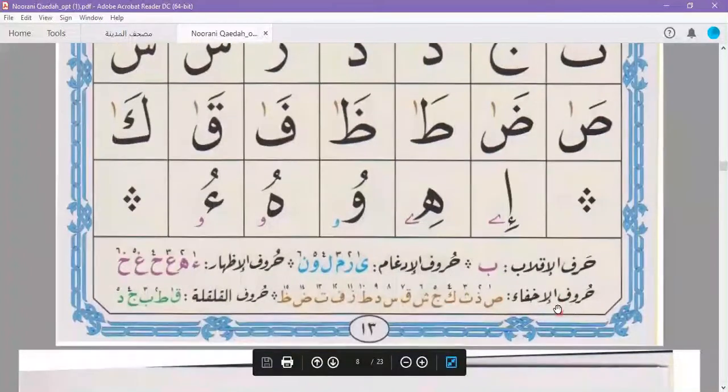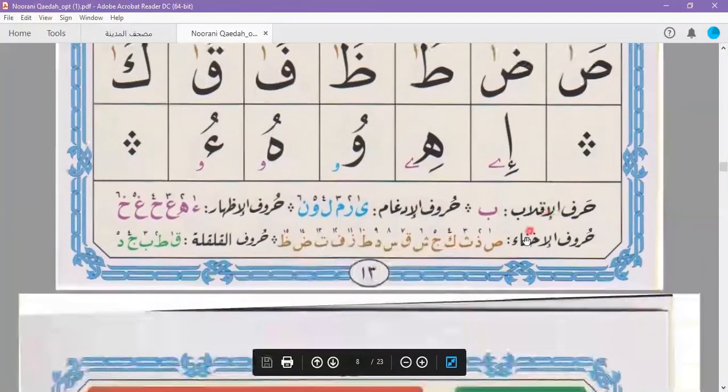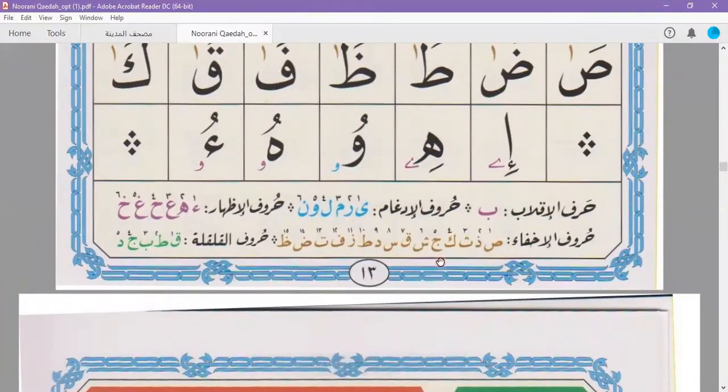Okay, but here, huruf al-ikhfa, the same letters are not in the same order. They're not ta, tha, like this one was ta, tha, jim, dal, dal. No, these are sad, dal, tha, kaf, jim. So why are they like this? If you know, there are some poems of Tajweed. Okay, so there is this poem called Tuhfatul Atfal.